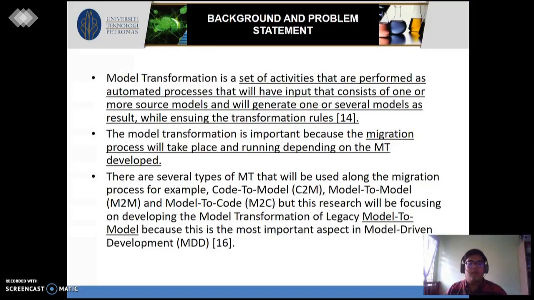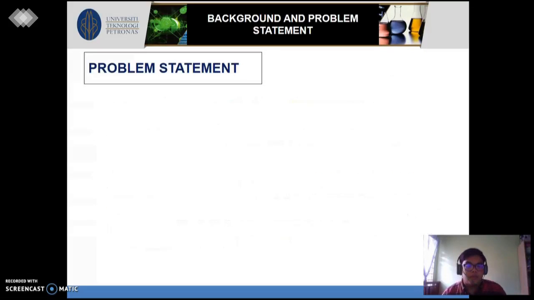There are several types of model transformation used along the migration process, for example code to model, model to model, and model to code. But this research focuses on developing the model transformation of legacy model to model, because this is the most important aspect in model-driven development.